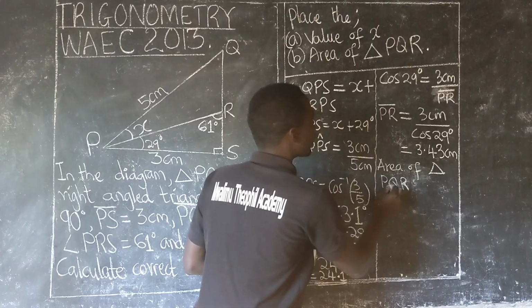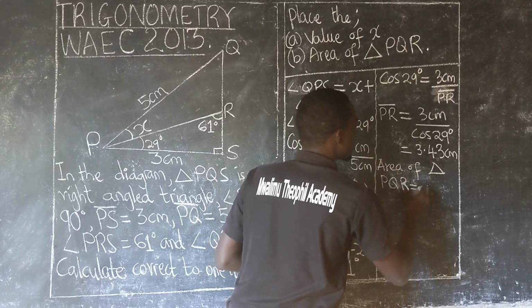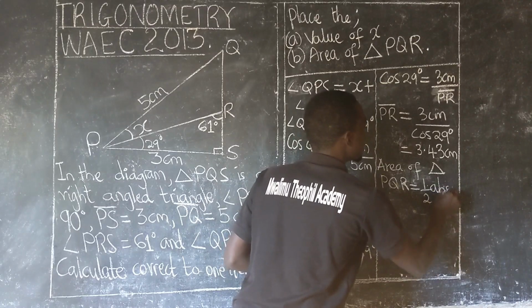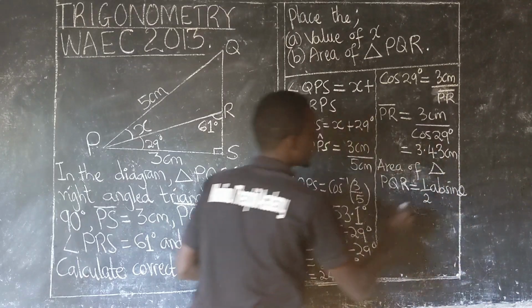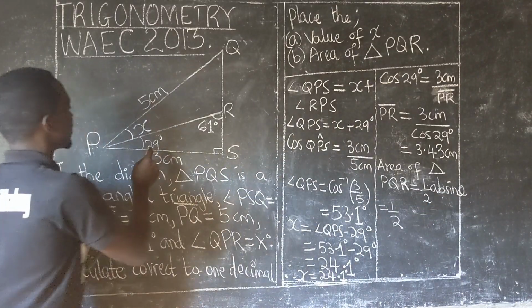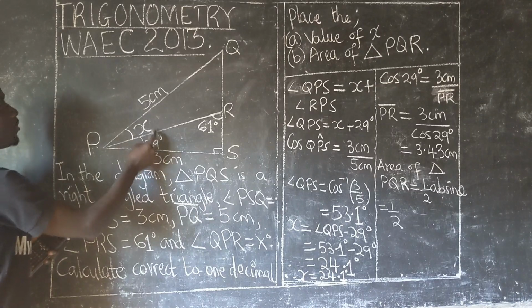Now, the area of triangle PQR is going to be equal to a half times a times b times sine theta. A and b are the two sides having the included angle x.